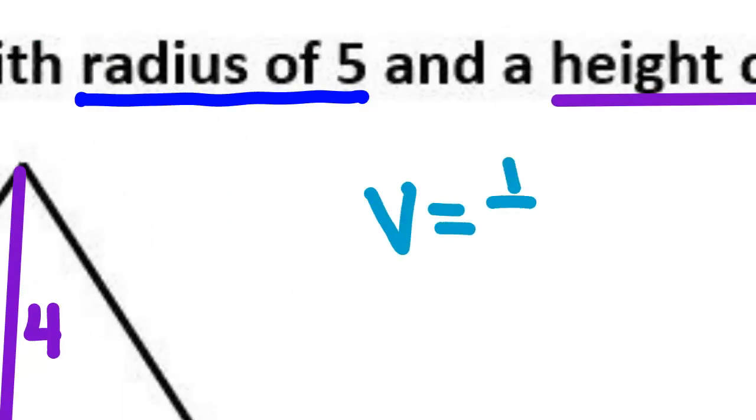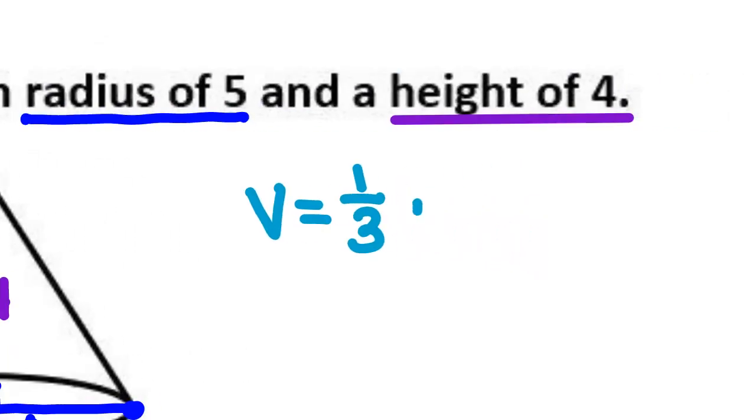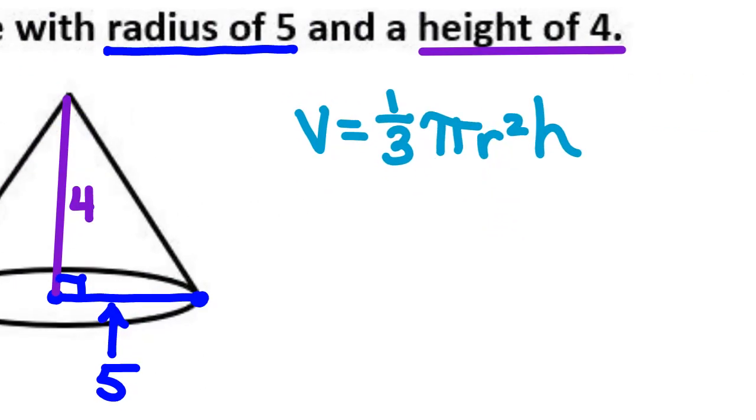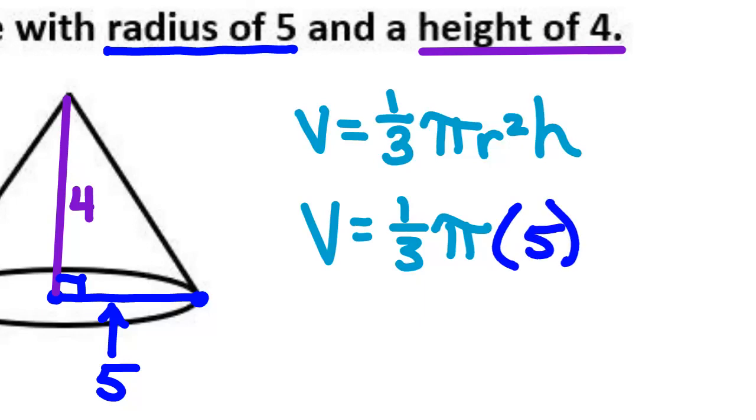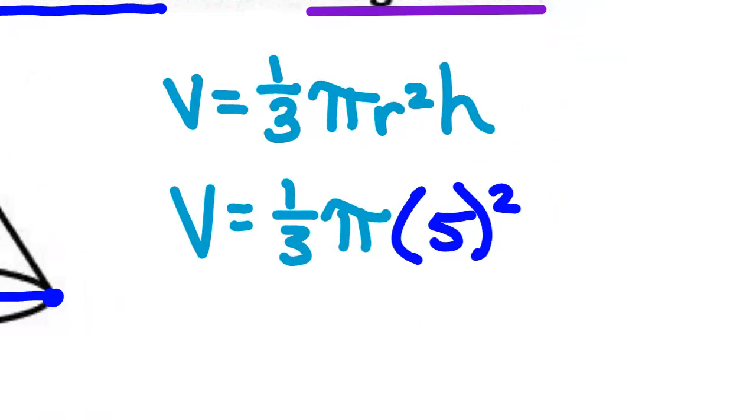Volume is 1/3 times the area of the base, pi r squared, times the height of the cone. Do we have all the pieces that we need for volume? Yes. 1/3 times pi times my radius of 5 squared times the height of my cone, which is 4.